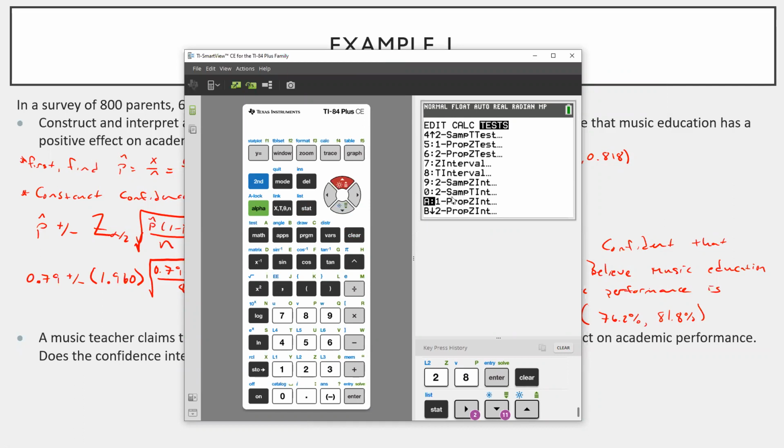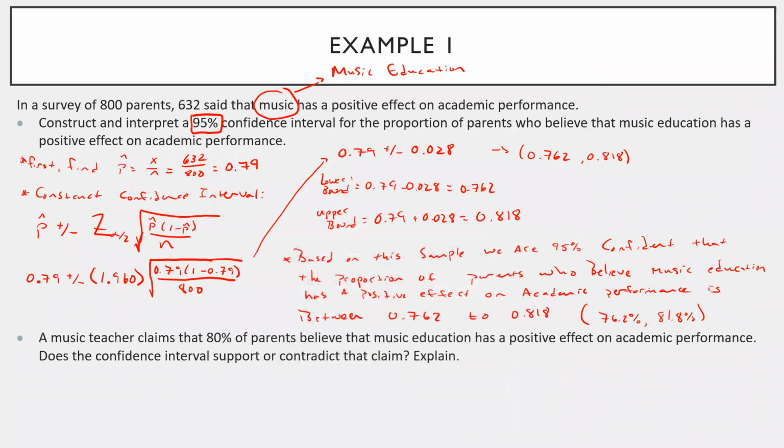Can people let me know if they see that? I got one yes by Jamie. Anybody else? 1-prop z int. Okay. This is the option you're going to want to use. So in calculator, you went stat, over to tests, and then it was 1-prop z int.